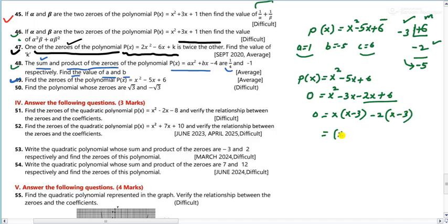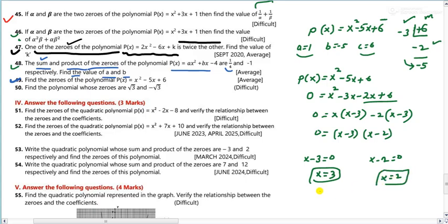Now x minus 3 is common, so you'll get these values. And since they had asked find the zeros, you have to substitute both to 0. X minus 3 equals to 0, x minus 2 equals to 0. Okay, so on solving we'll get x as 3 and here x as 2. These values only we call as alpha and beta. Got it?